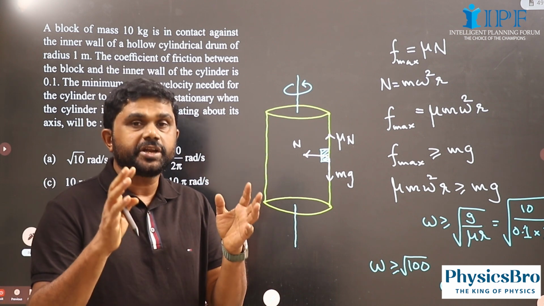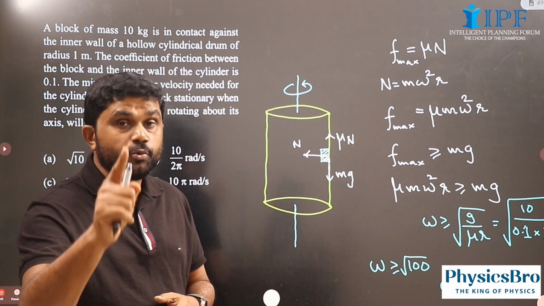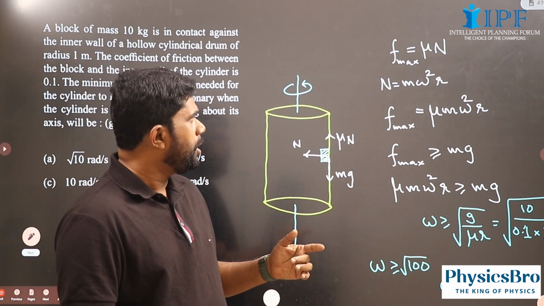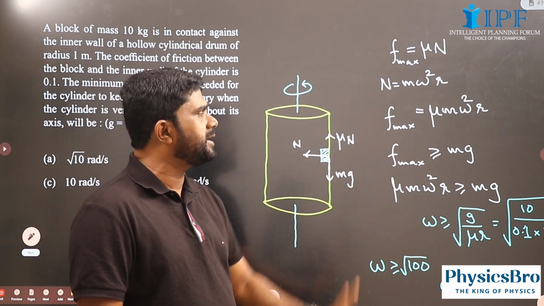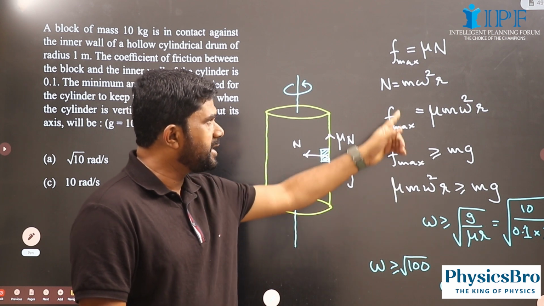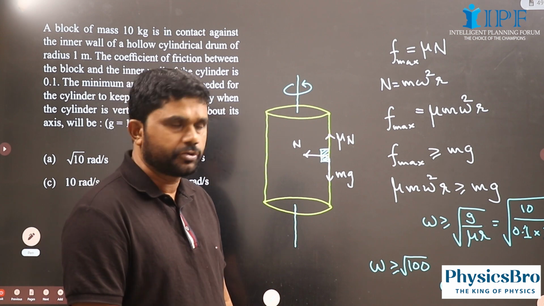Okay, that mu into normal reaction is the maximum friction. For the body to be in equilibrium along the vertical direction, this mu N should be greater than or equal to mg. So mu N, that is F max, should be greater than or equal to mg. Or this normal reaction can be replaced by m omega square r, so mu m omega square r should be greater than or equal to mg.